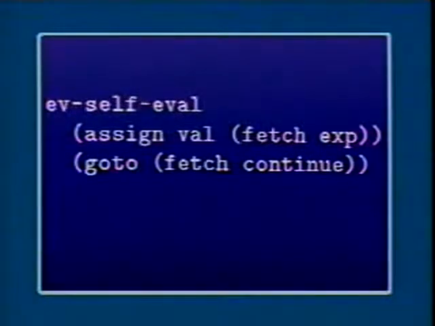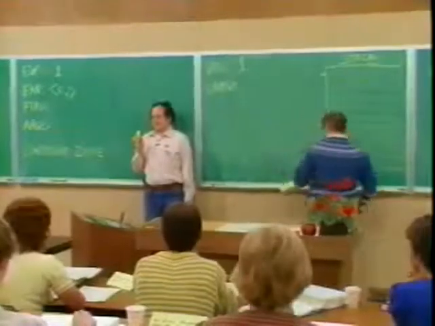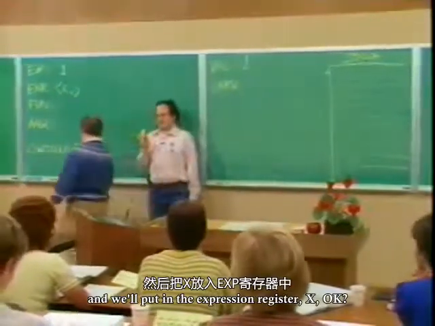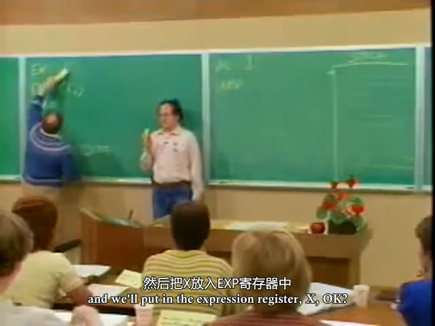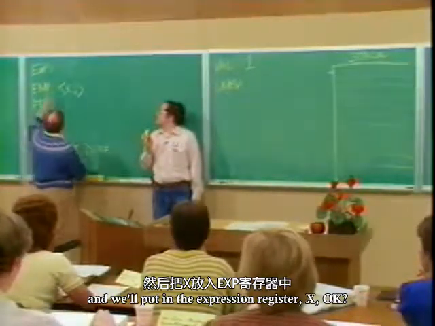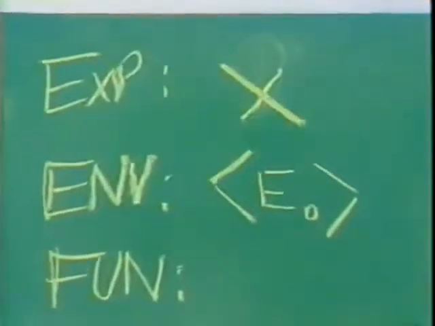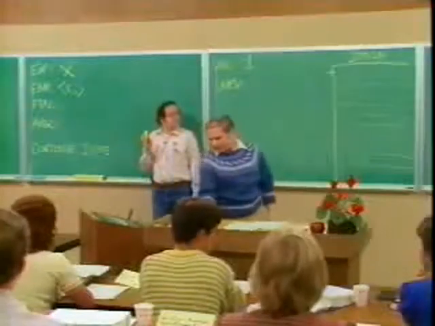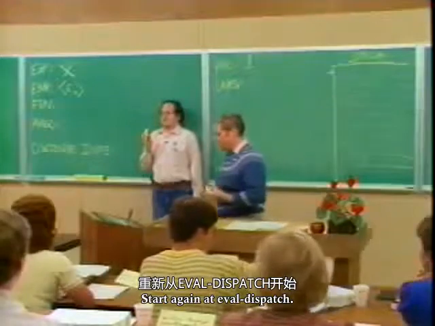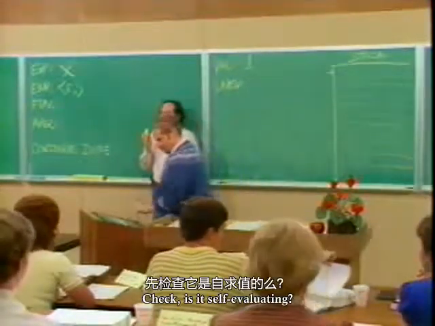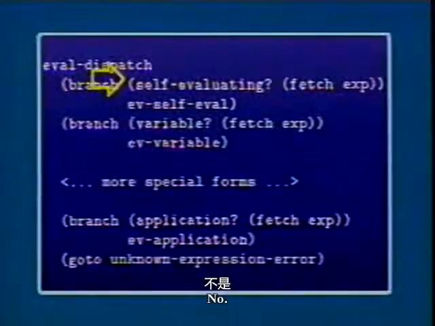Okay, let's try something harder. Let's reset the machine here. And we'll put in the expression register x. Start again at eval dispatch. Check. Is it self-evaluating? No. Is it a variable?